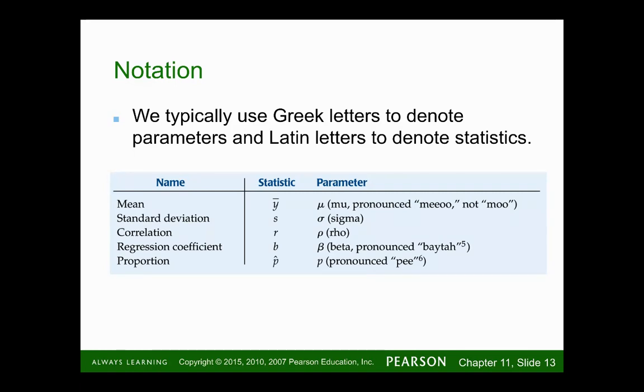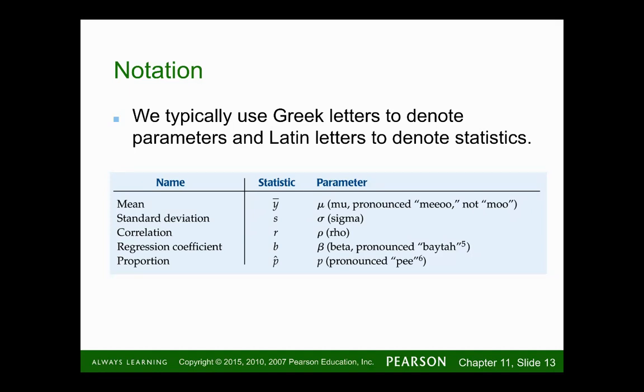Now, Latin letters are what you guys are used to, right? Regular letters. So for the mean, the statistic is y bar, but for a parameter, it's mu, the Greek letter mu. Standard deviation, regular letter s. For a parameter, it is sigma, the Greek letter s.